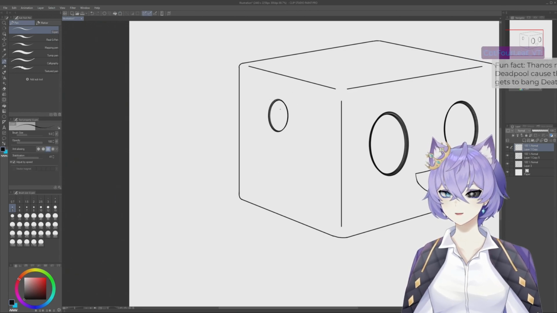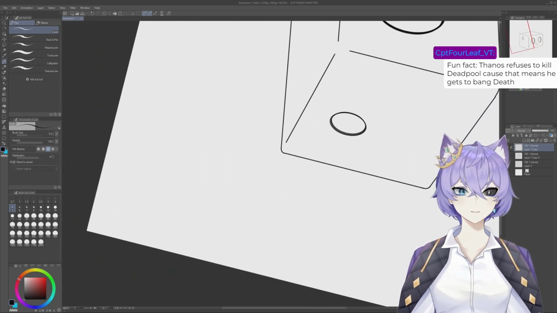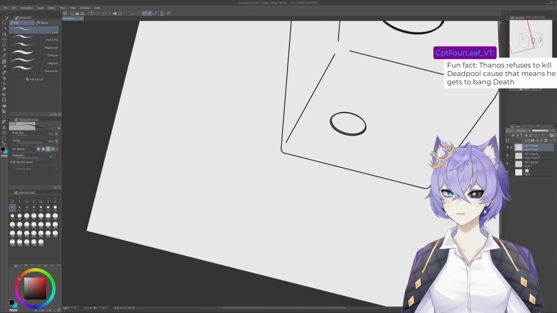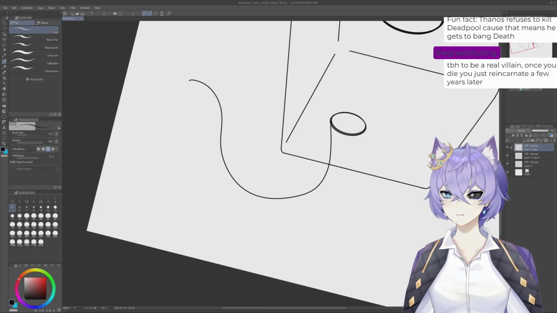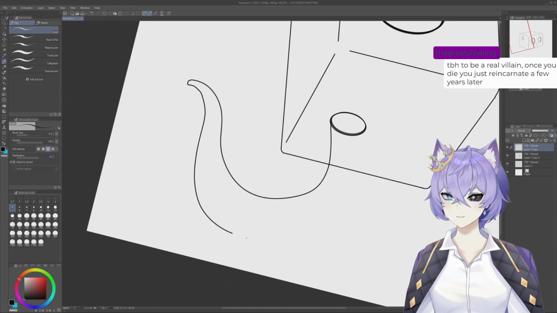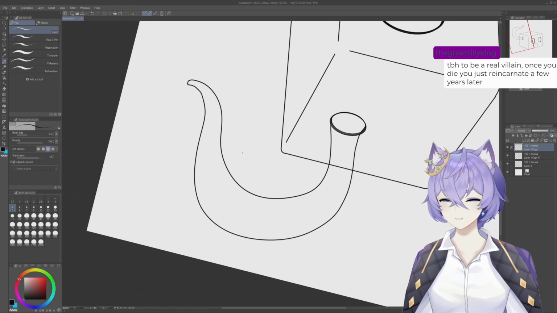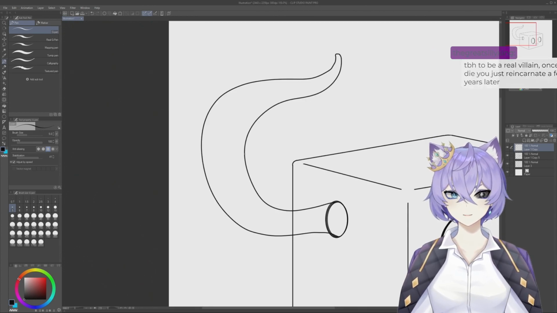If I put the hole here, and then okay, that works pretty well.